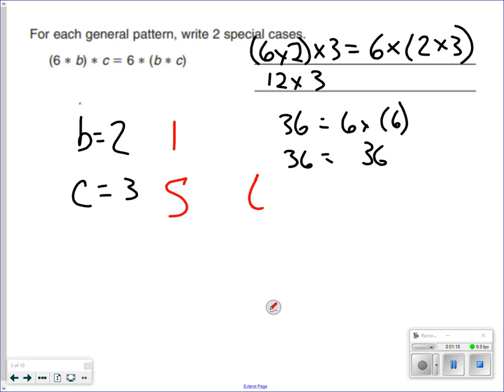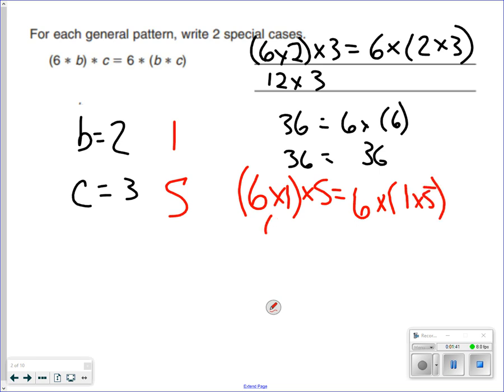We'll go 6 times 1 times 5 equals, I apologize, this should be a 6 if I wrote the problem right. 6 times, we got 1 times 5. Let's work it out. This is 6 times 1, this is a 6, and we times it by 5, we have a 30. And here we have a 6, so we're going to multiply this by a 5 in here, which is 30. That works out as well.